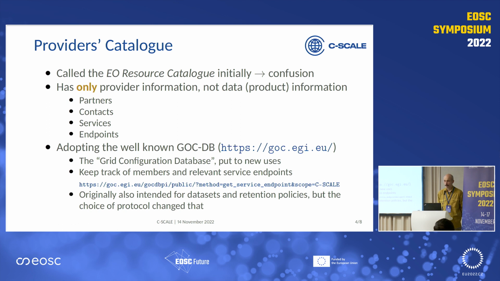So what kind of data they are carrying, where are the endpoints for download, where are the endpoints for queries, and that's it. We are reusing a service that is already available precisely for this purpose from the EGI, the Grid Configuration Database. And it is a very, very small catalog of member sites in the federation.